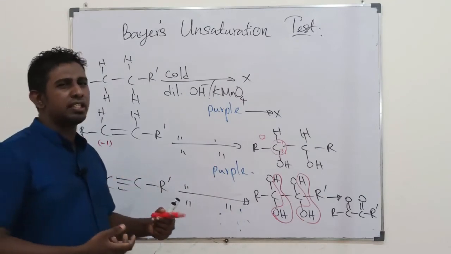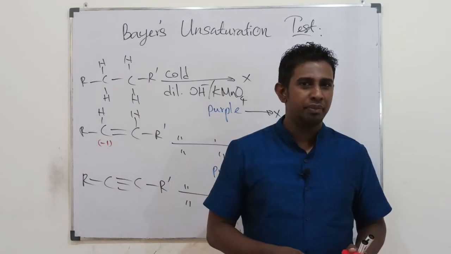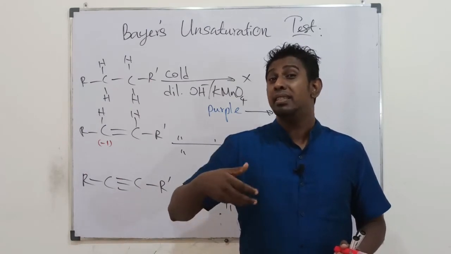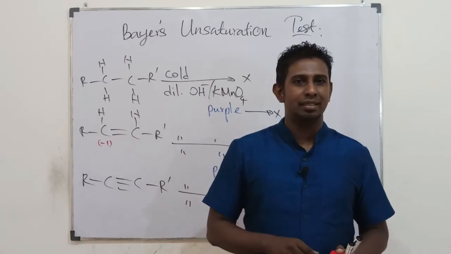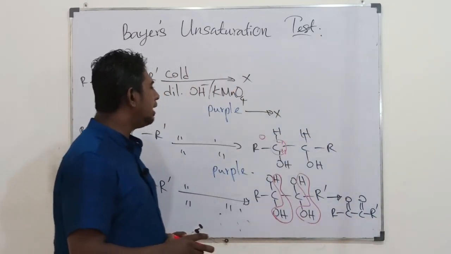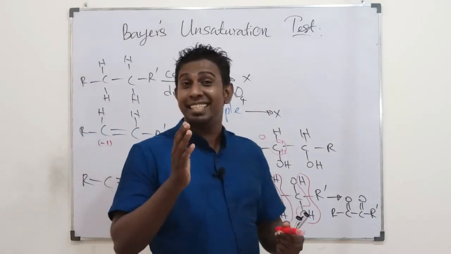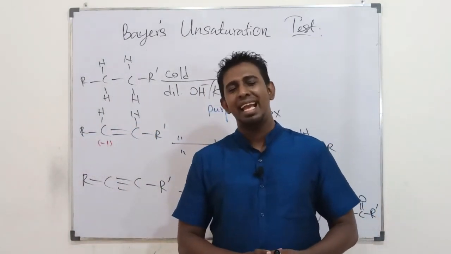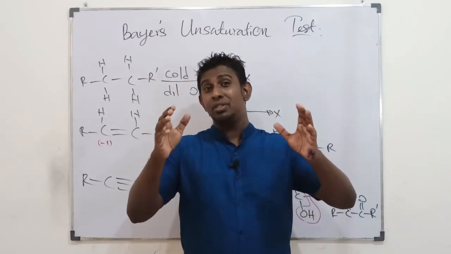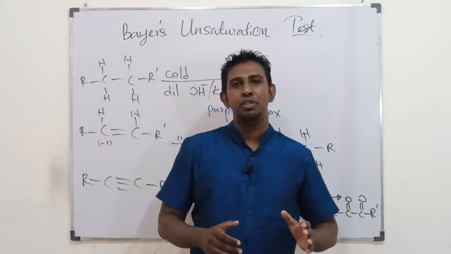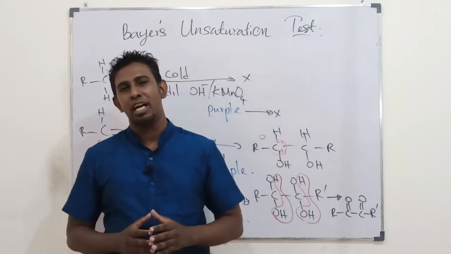It would get reduced itself. Therefore, this could be named a redox reaction as well. This reagent, Baeyer's reagent, oxidizes alkenes and alkynes. Anyway students, you could use this reagent, Baeyer's reagent, to distinguish between alkanes or saturated hydrocarbons and alkenes and alkynes, the unsaturated hydrocarbons.